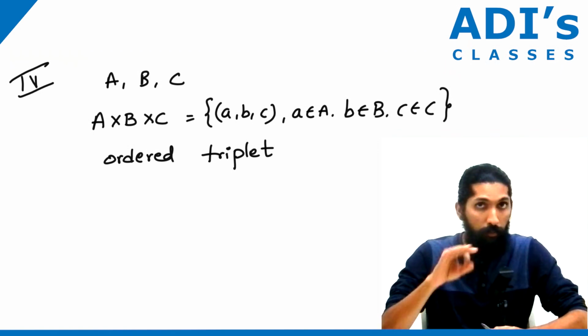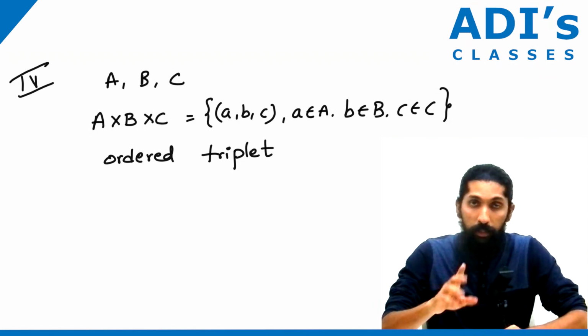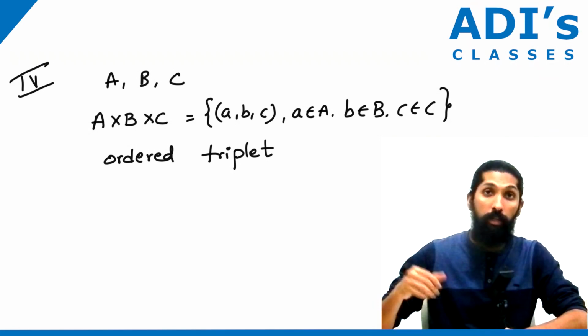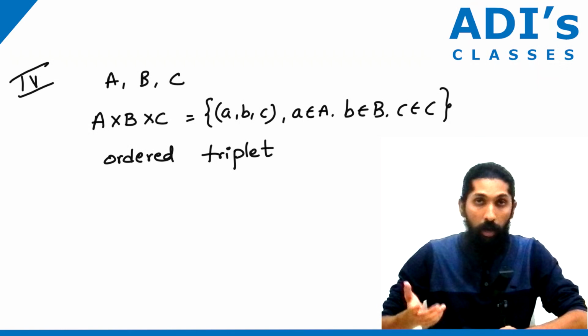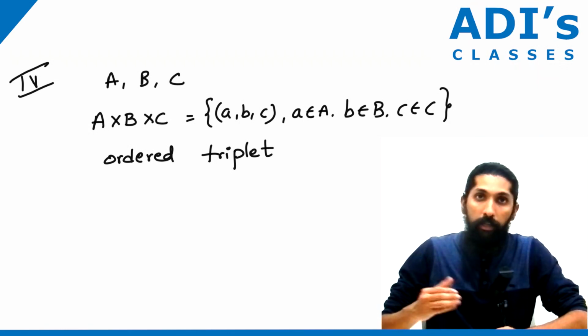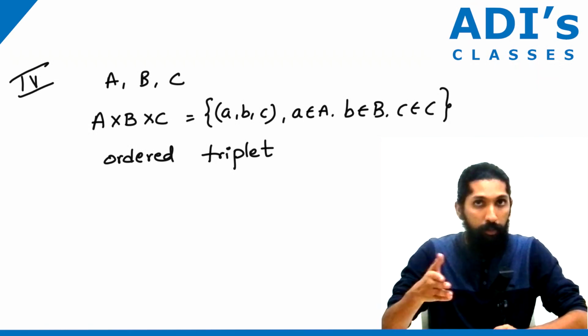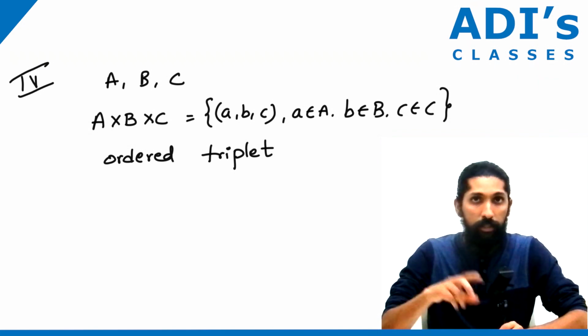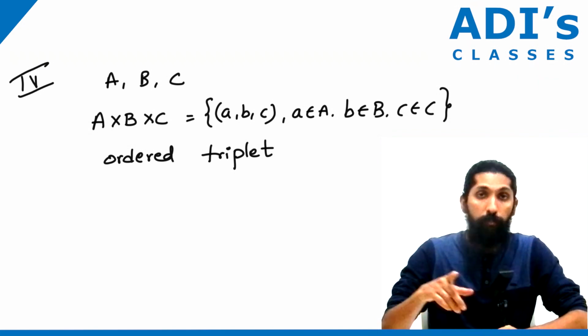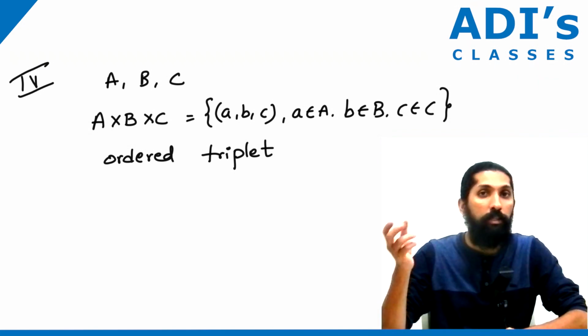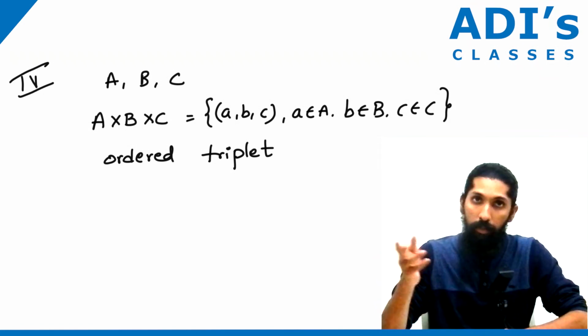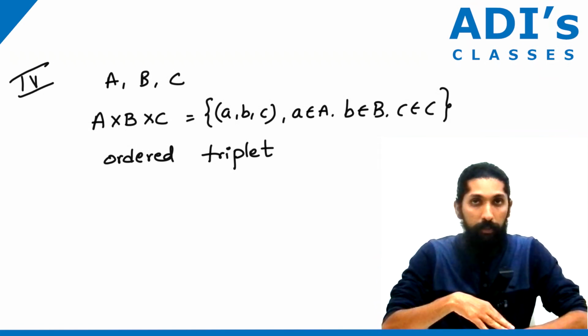So the first three are quite important, especially the first one. It's very, very important. The number of elements in the Cartesian product we can calculate by doing n(A) into n(B). Second one is the null set: if either A or B is a null set, then A cross B will become a null set or an empty set.